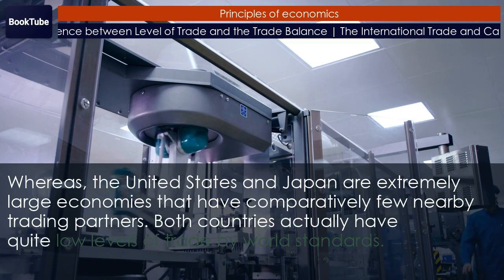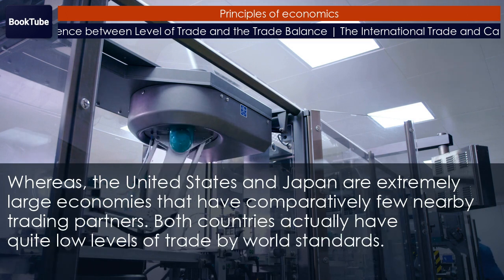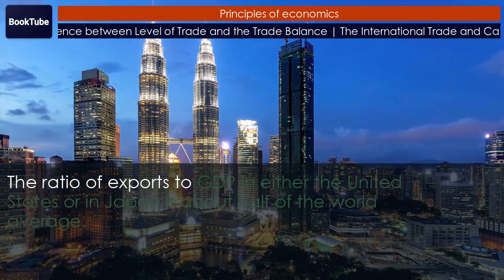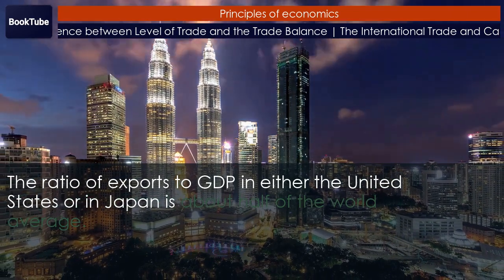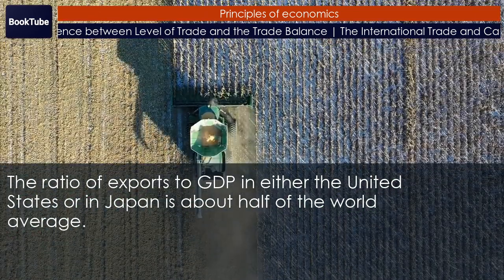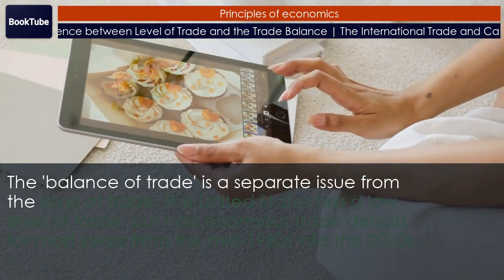Both countries actually have quite low levels of trade by world standards. The ratio of exports to GDP in either the United States or in Japan is about half of the world average. The balance of trade is a separate issue from the level of trade.